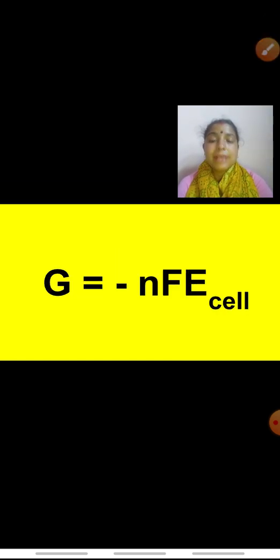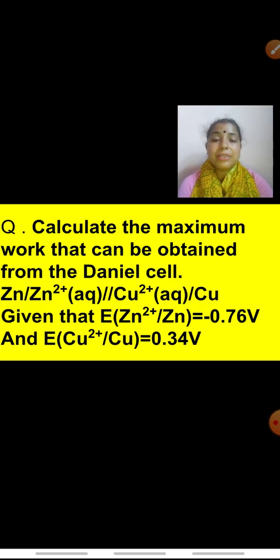See, the same formula we have to use, delta G. Only the electrical work done we have to calculate. We have to use the formula delta G is equal to minus nFE naught of cell. The first thing you have to do to solve this numerical is to calculate the value of E naught of cell. E naught of cell is equal to what? In the previous section we have already done this. It is equal to E naught of cathode minus E naught of anode.